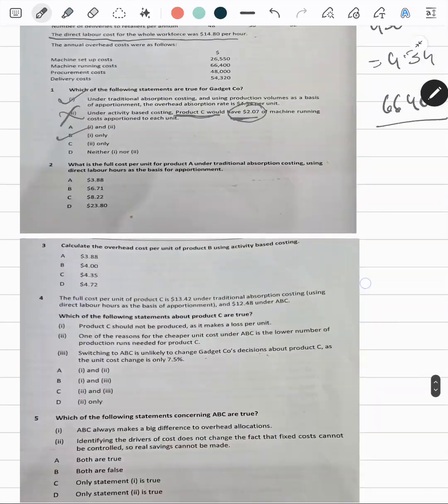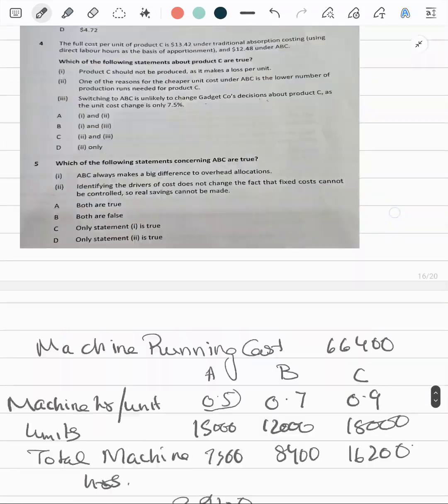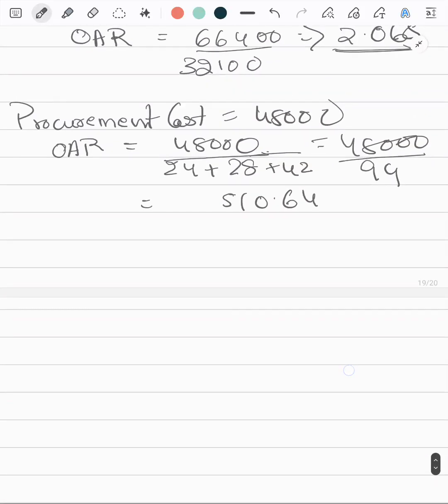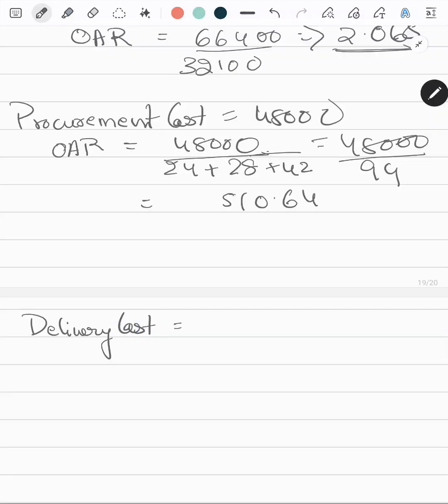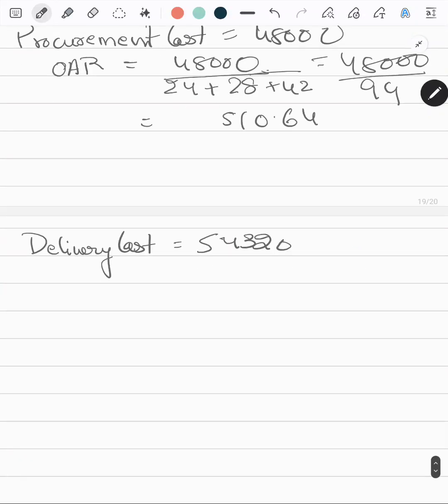After procurement cost, the next cost driver is the delivery cost. And we have no doubt that it is very simple.